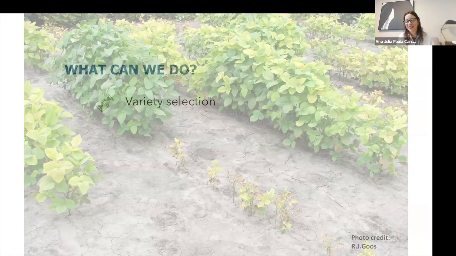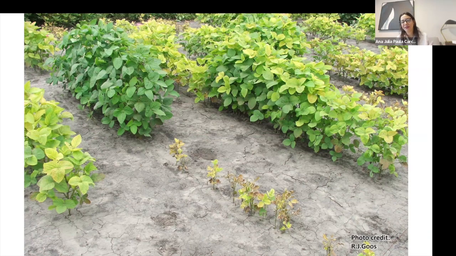This is an amazing picture from Jay Gross, from one of the variety trials that NDSU does. And you can clearly see how some of these varieties are completely healthy, green, and some of them are pretty much dead. So the difference across varieties is humongous.